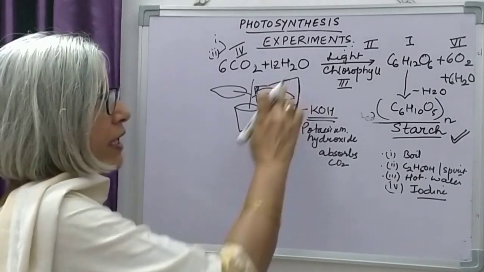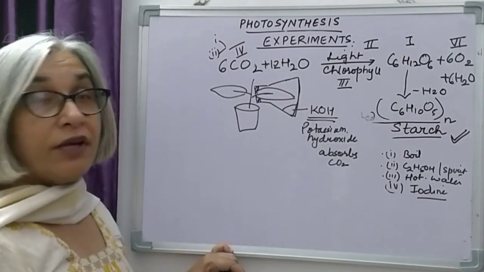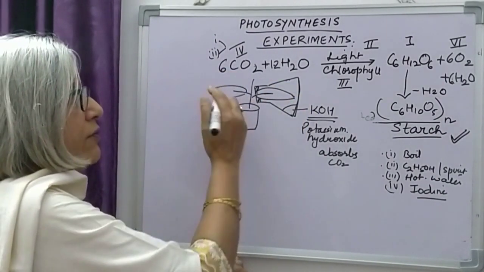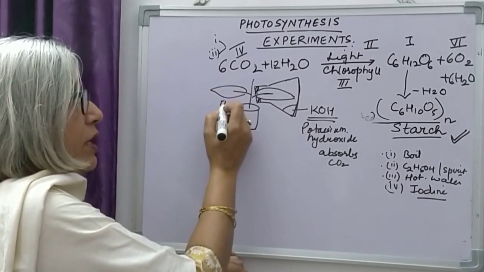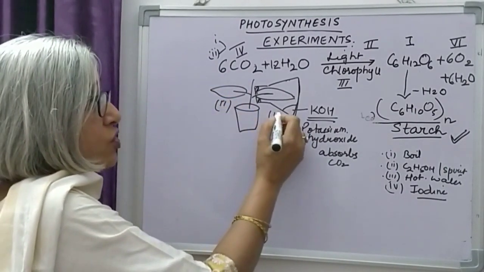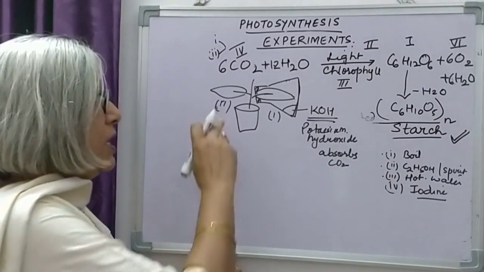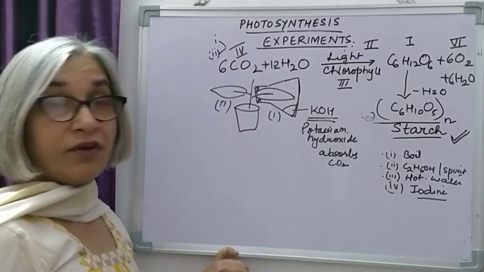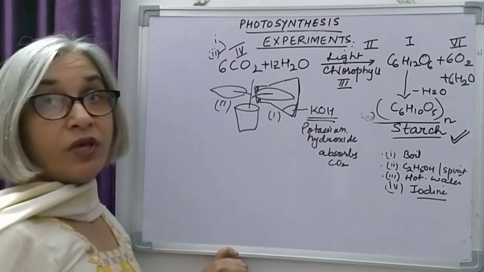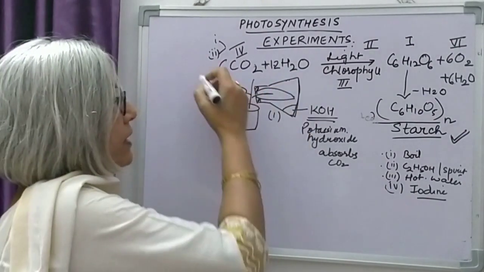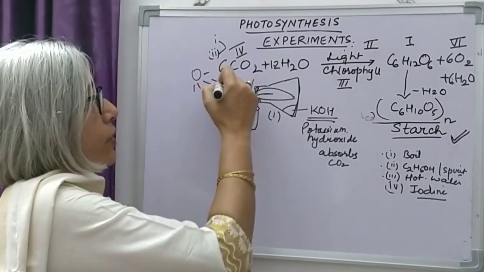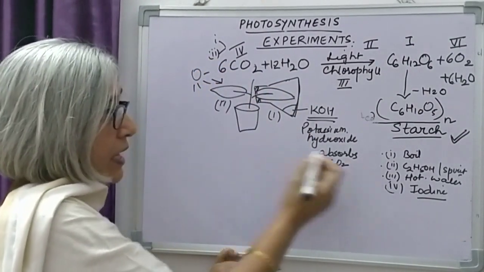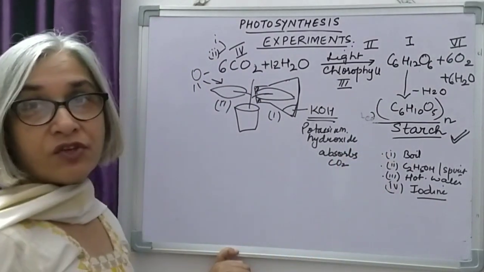Now the air inside the flask does not have carbon dioxide, and this leaf 1 is not getting carbon dioxide, leaf 2 is getting carbon dioxide because it is exposed to the air. We leave it in sun for a few hours, say 5-6 hours, and test it for the presence of starch.